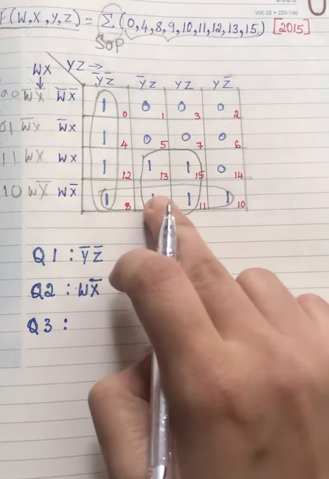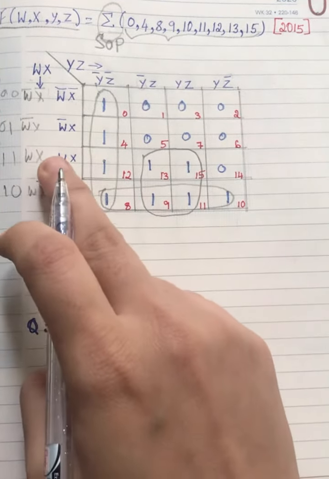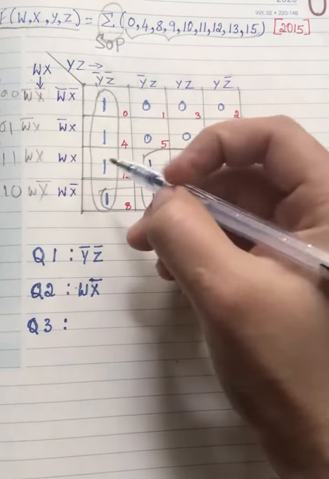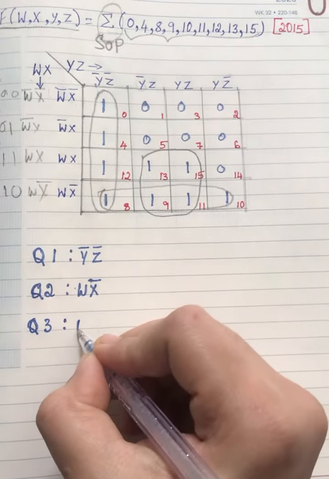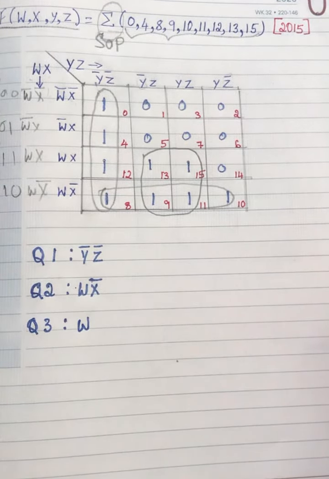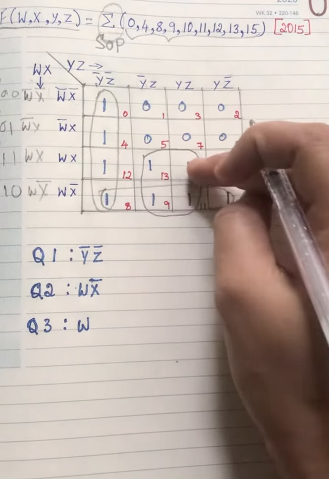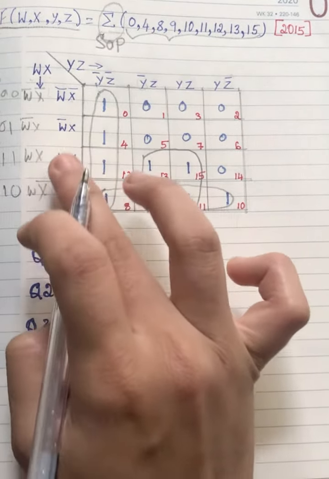Now I need to go with this. Here you have W and x bar x. So this becomes 1. The common term here is W. I am going to write W here. See these two lines, only these 4. You are considering this one as well as this one.